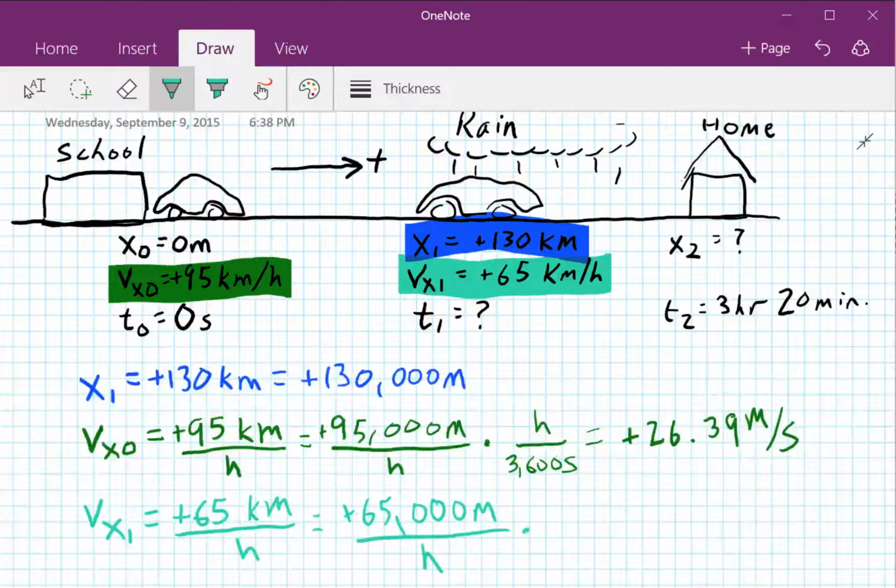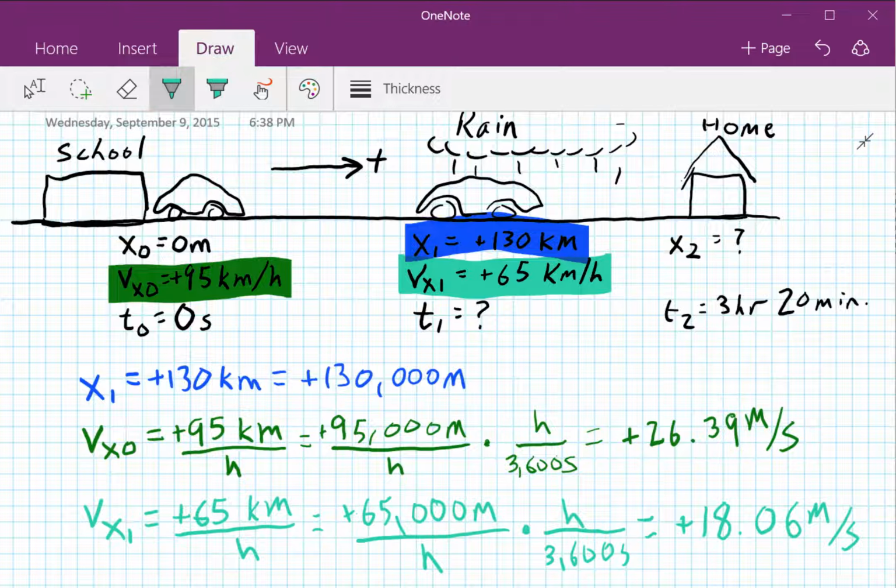You can multiply that by 1 over 3,600 seconds, because that's the number of seconds in an hour. And when you do 65,000 divided by 3,600, you get a positive 18.06 meters per second.